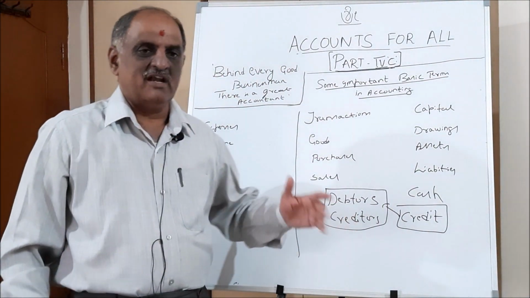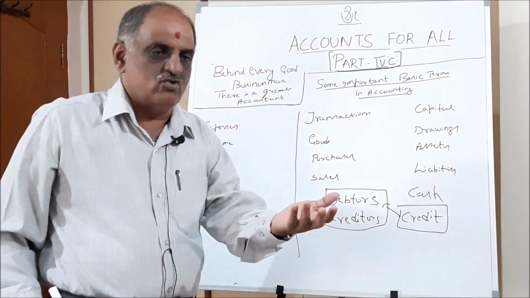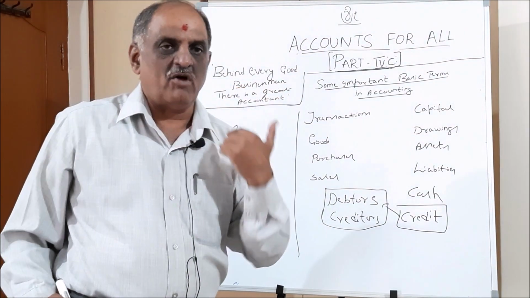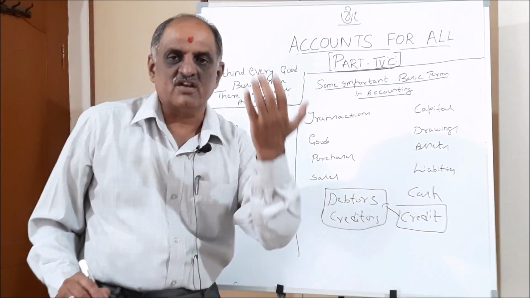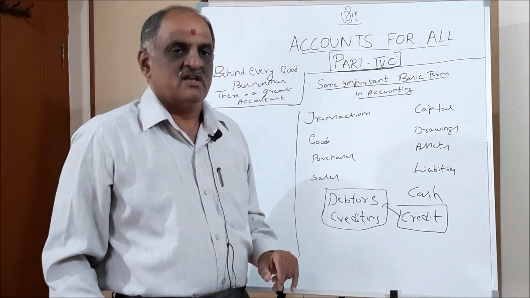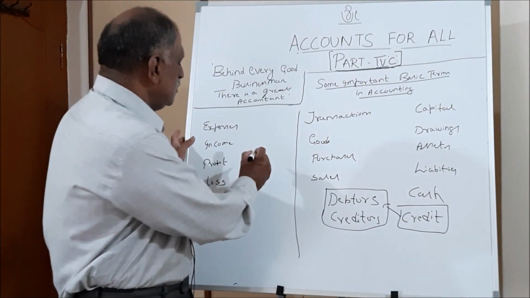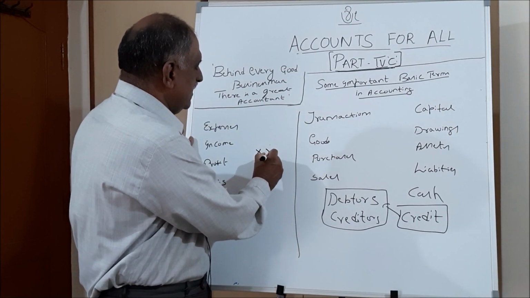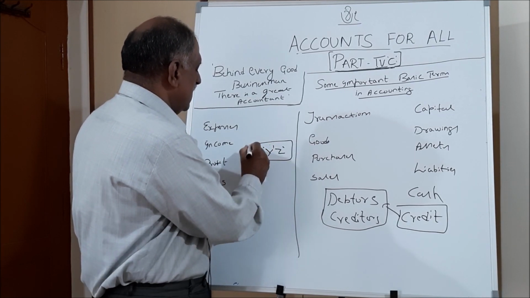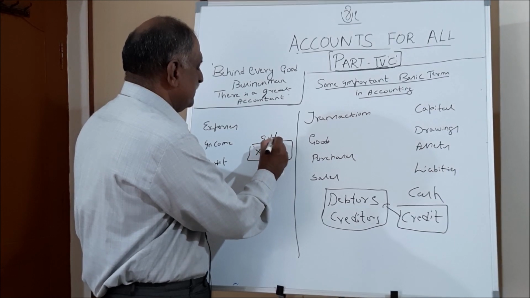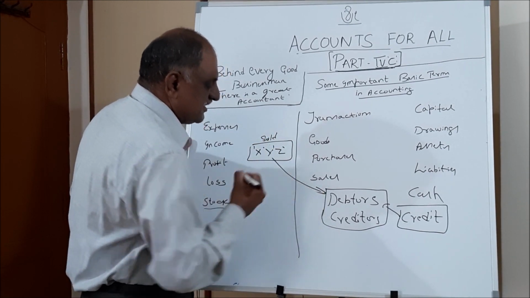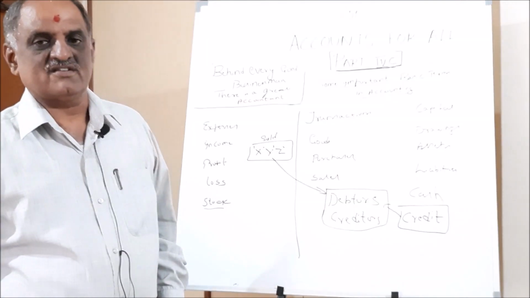It is very simple. When I have sold my goods on credit, I have to receive the amount from persons, and they are called debtors. Assuming that I have sold to Mr. X, Y, Z on credit, they are called debtors.